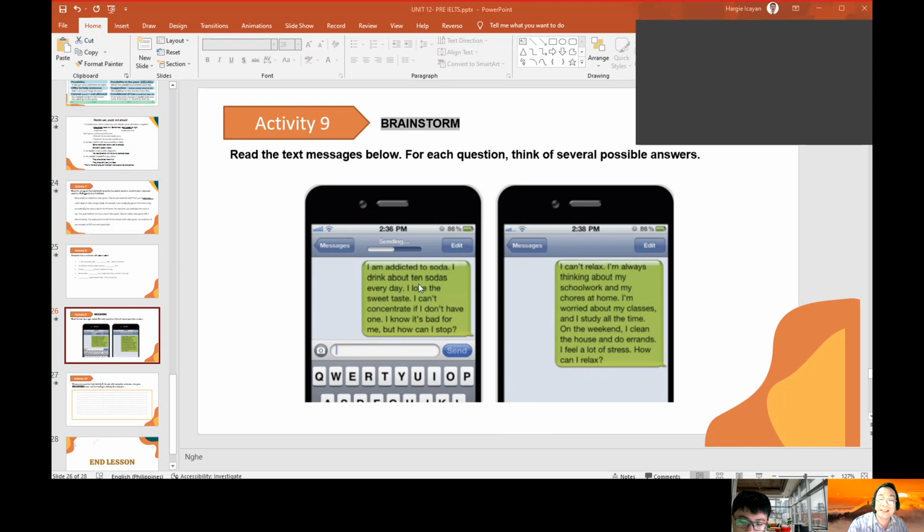If 1 can is equivalent to 1 glass of water, he can consume 10 glasses of soda every day. It's more than the required amount if that were water.